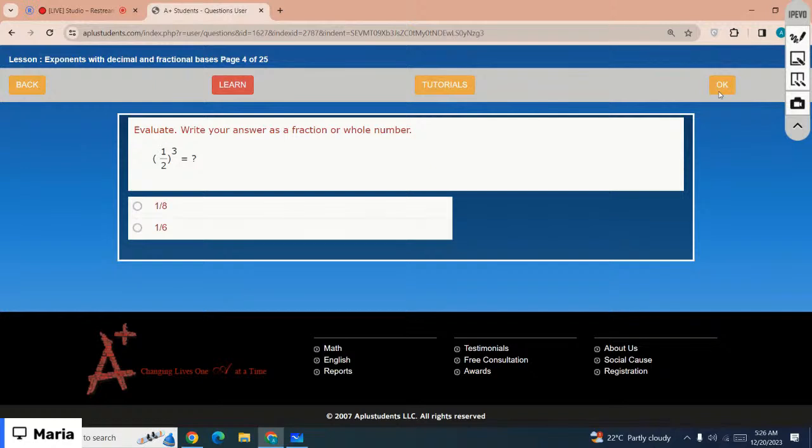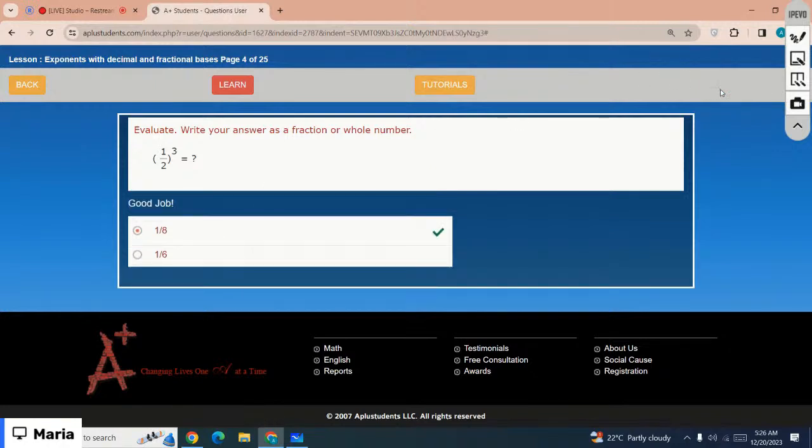Evaluate 1 over 2 exponent 3, which is the correct option? Very good. The correct option is 1 over 8. Option number 1 is the correct option, right?